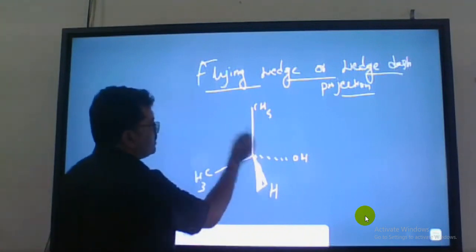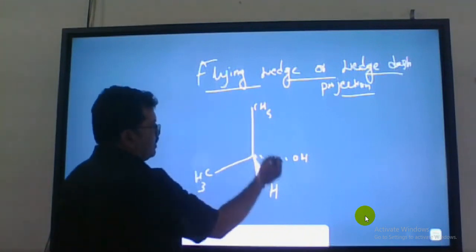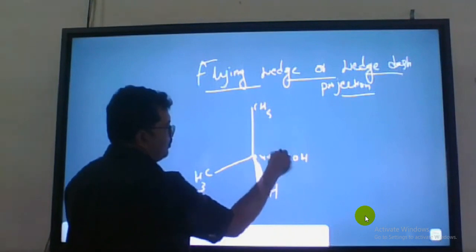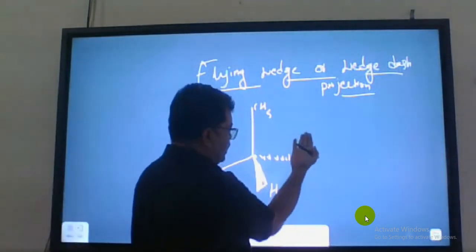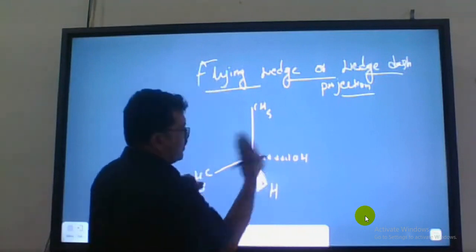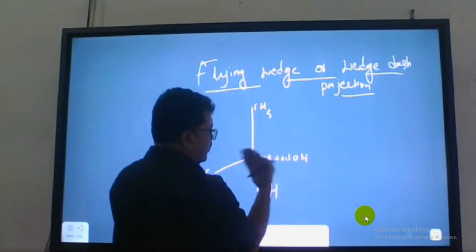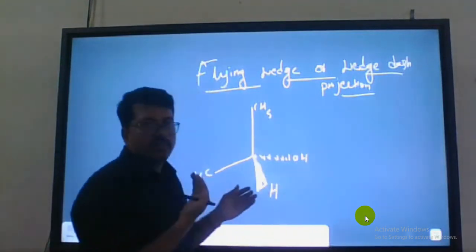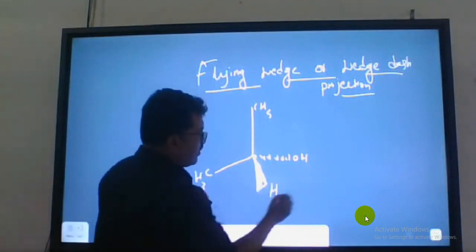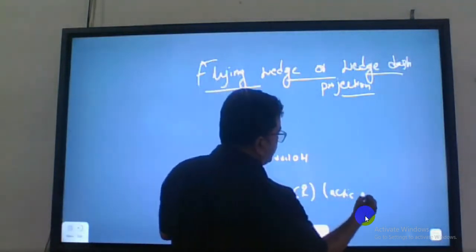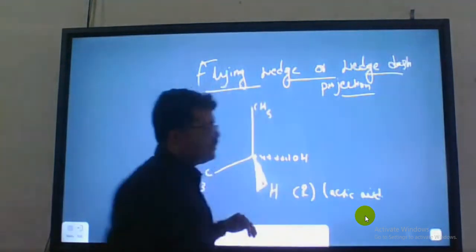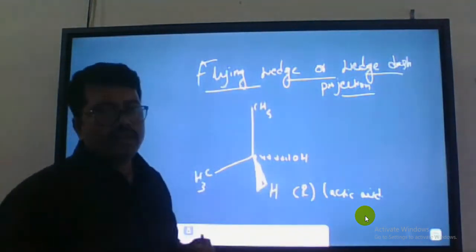This is bond in the plane, and this is bond below, that is, away from the viewer. Below the plane means away from the viewer. It is towards the viewer, above the plane. So this is our lactic acid.